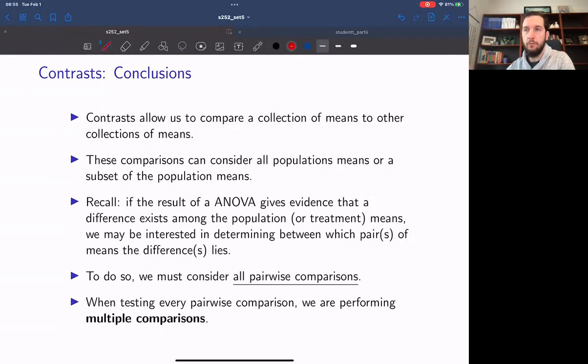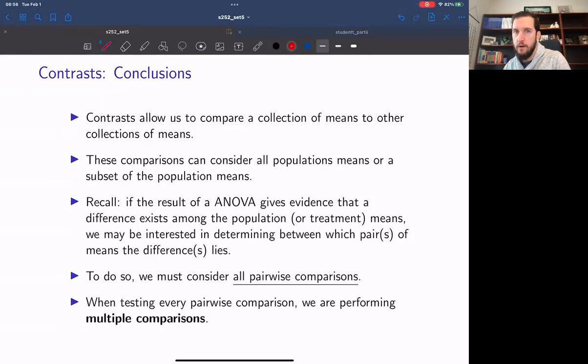So we had in our previous illustration, c1 plus c2 plus c3 plus c4 equals 0, and we had no transformation to the means. So the means have to be linear and they can't be multiplied or divided by each other. They can't be square rooted. They can't be exponentiated in any way. They just have to be linear combinations where the coefficients add to 0.